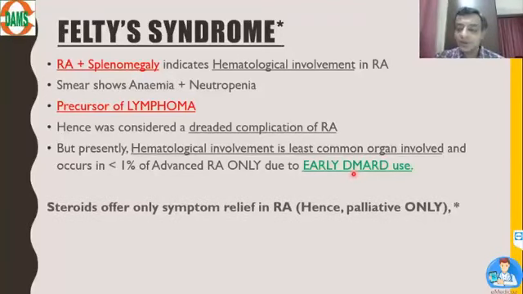I want you to note these points here. Please remember, steroids offer only symptom relief in RA. Last session we discussed the lupus group of diseases. In lupus, we said the drug of choice and first line of treatment is steroid, but not in RA.